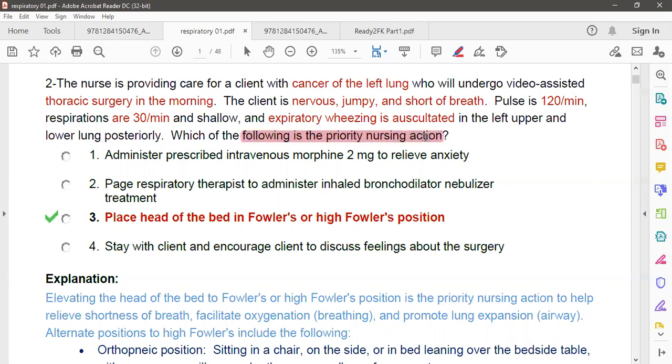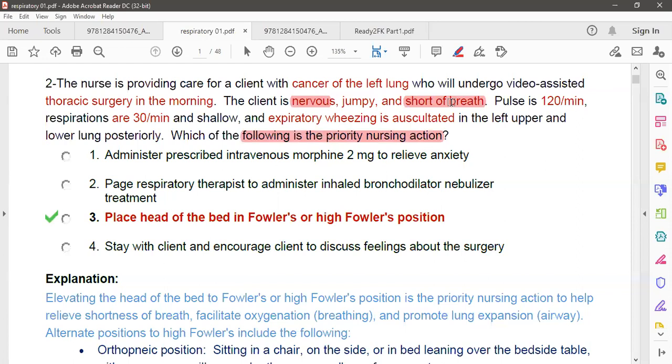Read the question very carefully. There are 4 options, but which one do you do first? A patient diagnosed with lung cancer will go for surgery. Before surgery, they are nervous and short of breath, nothing abnormal.